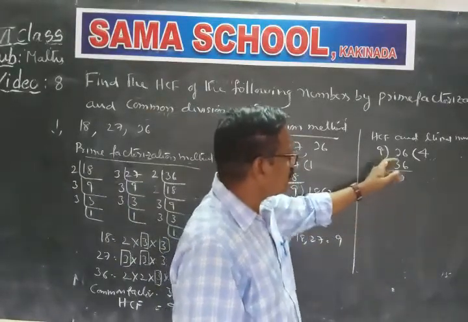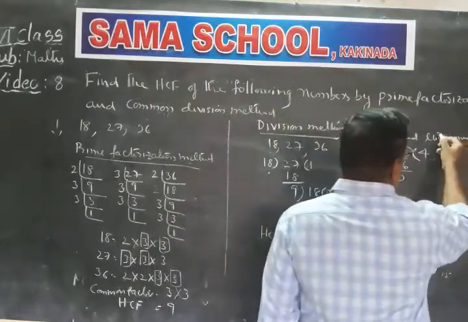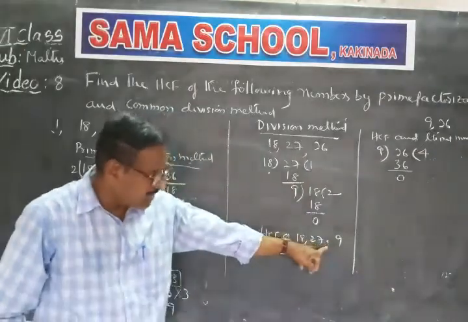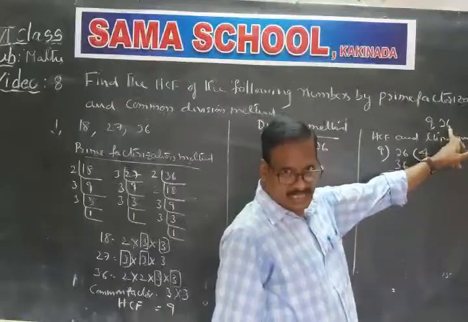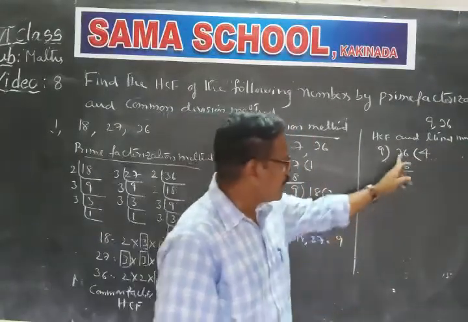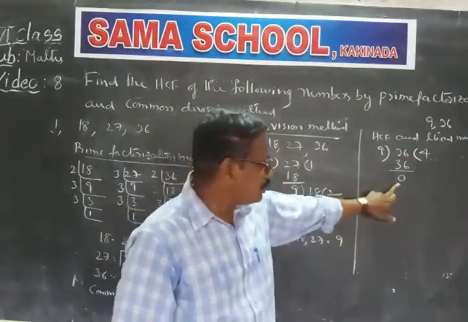So 9 is the smaller number, and 9 and 36 give remainder 0.